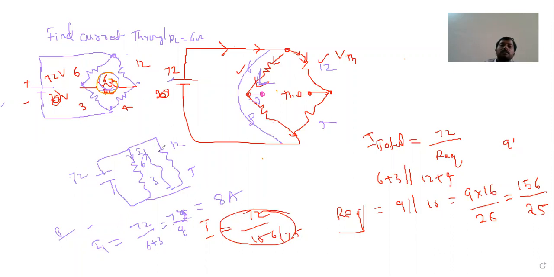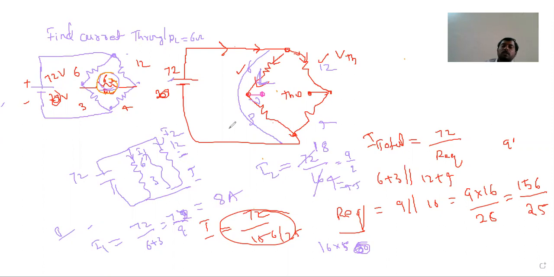Next, the current through this branch I am taking as I2. I2 is equal to V, which is 72, because the voltage across the 12 ohm and 4 ohm is 72, divided by the total resistance, 12 plus 4, which is 16. 72 by 16 is 9 by 2, nothing but 4.5 amps.